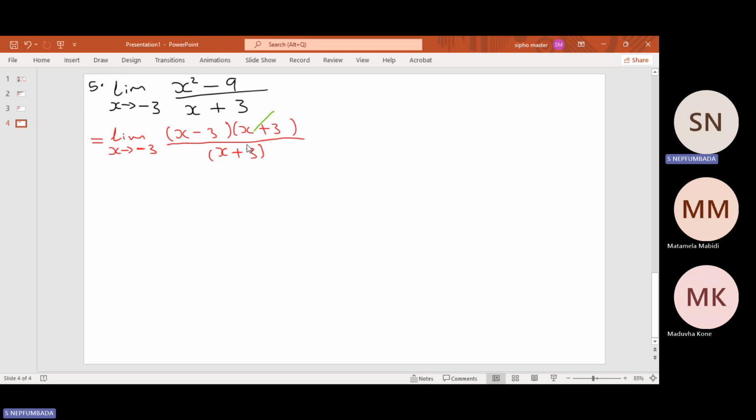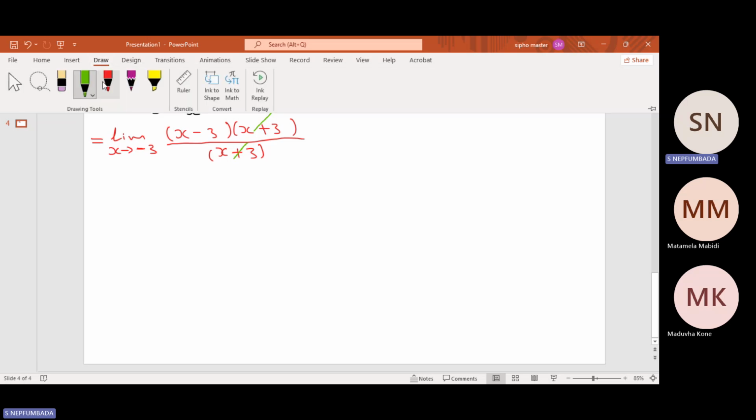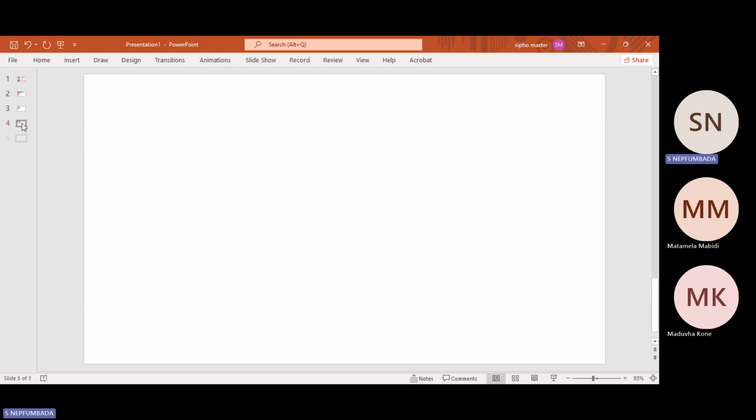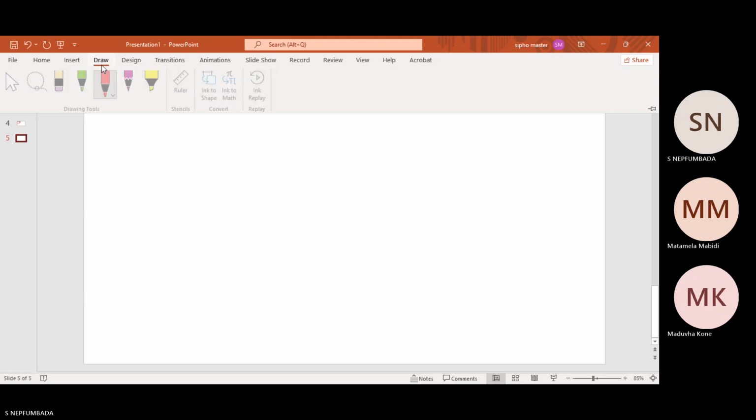We are going to have the limit of x approaches -3 of x minus 3, which is equal to -3 minus 3. Then we get -6. And you see that, to be honest, we cannot say limits are difficult. That's all.